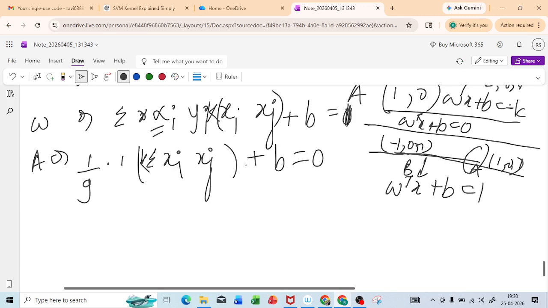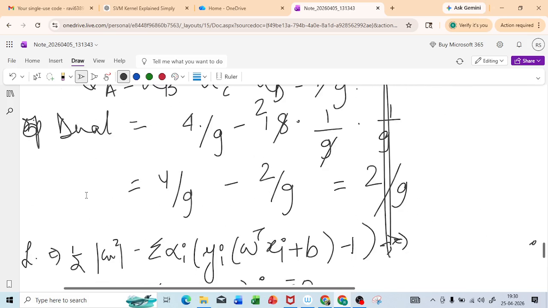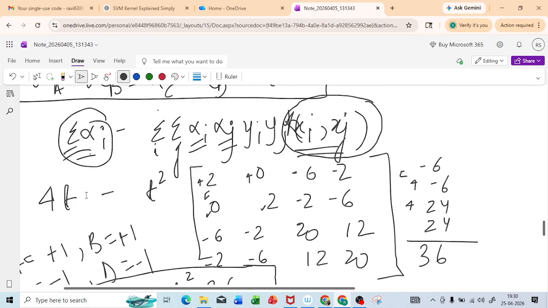Now for this specific point i, we have already fixed i, but j is not there. So we are talking about the kernel corresponding to point A, and if you remember, the kernel corresponding to point A was this one, which is minus 6.